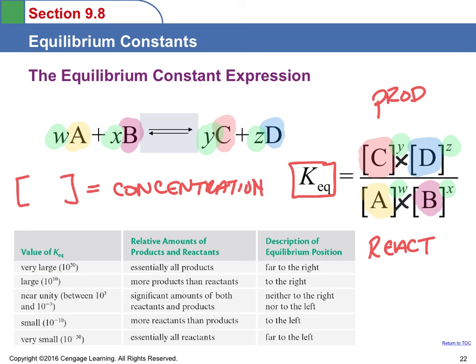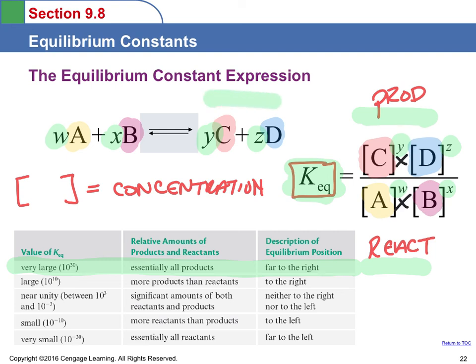Let's think about what this is saying. So I'm saying how much products I have divided by how much reactants I have. So if KEQ is a big number, that means the numbers on the top have to be greater than the numbers on the bottom. So that means I have more products than I do reactants. So if KEQ is very large, I essentially have all products, and we say the equilibrium lies far to the right, right?